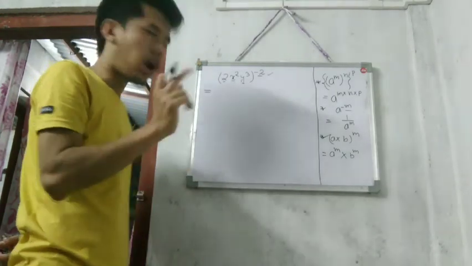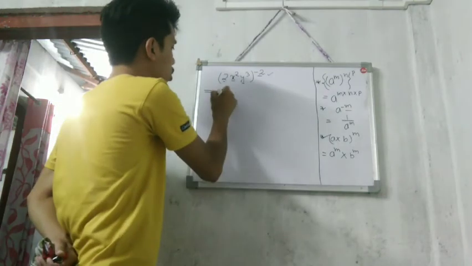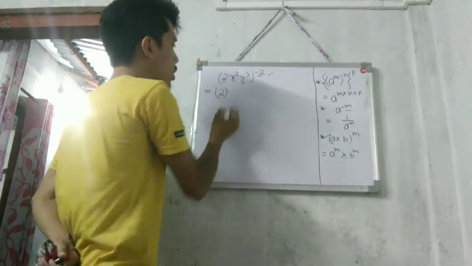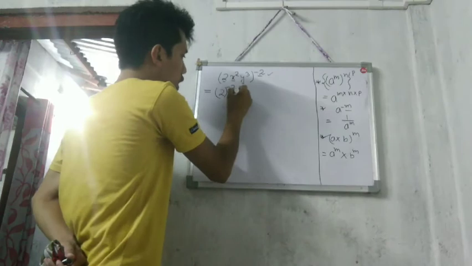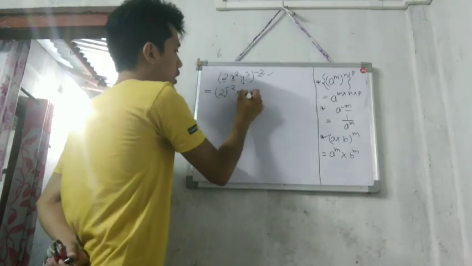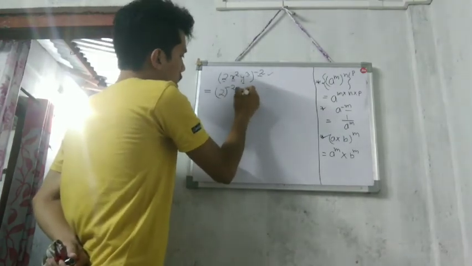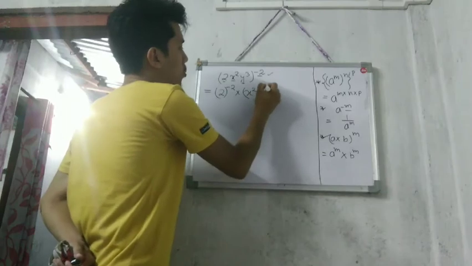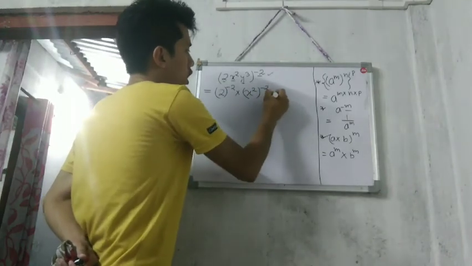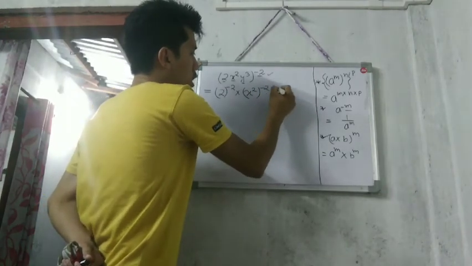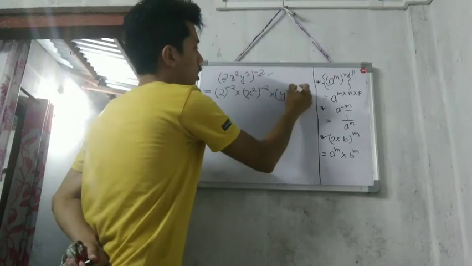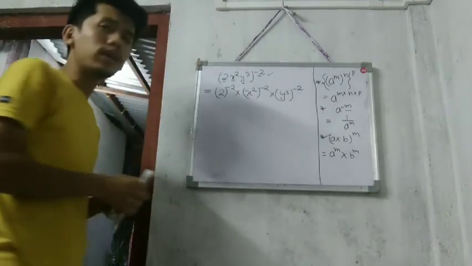So write simply: 2 to the power minus 2 into x square, again whole to the power minus 2, into y cube whole to the power minus 2.